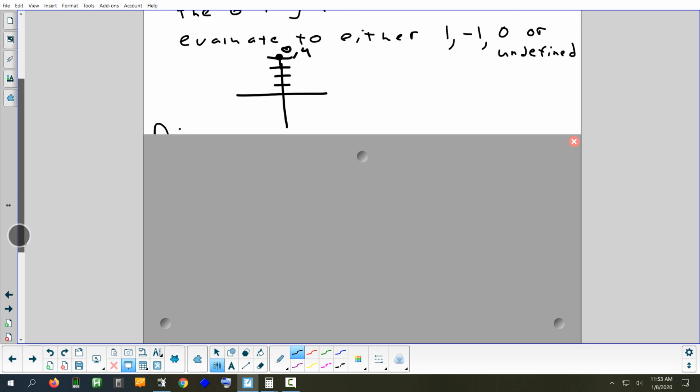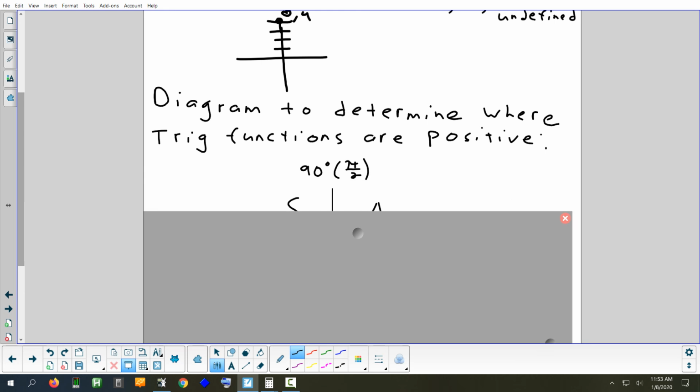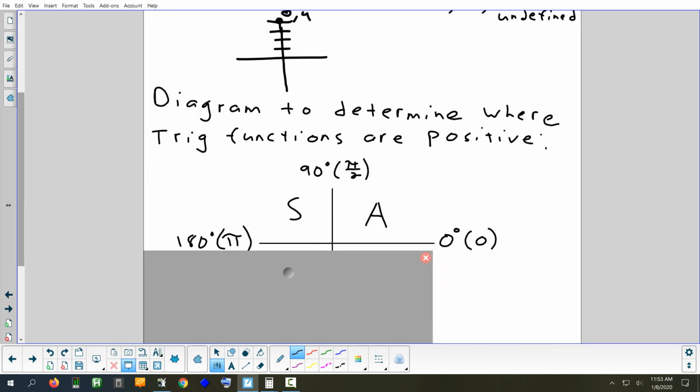All right. And the last thing. We're going to use this diagram a lot in chapters 7 and 8, the one I'm about to give you, because it's kind of important. It's a diagram that tells you where the trig functions are positive. All right.